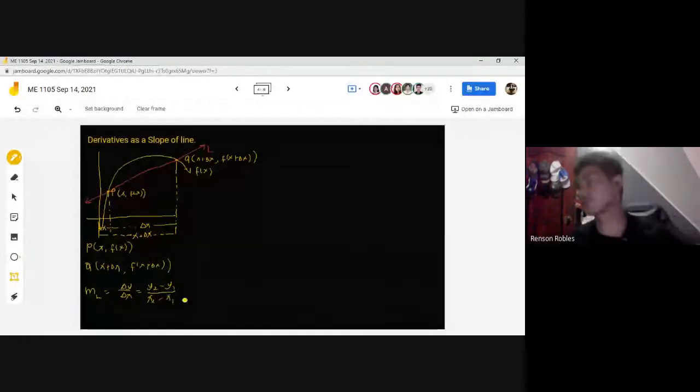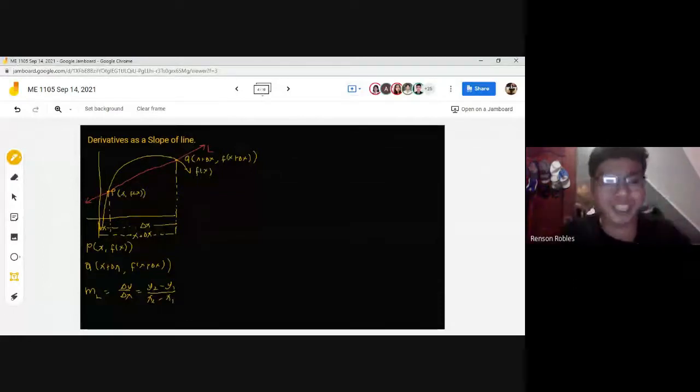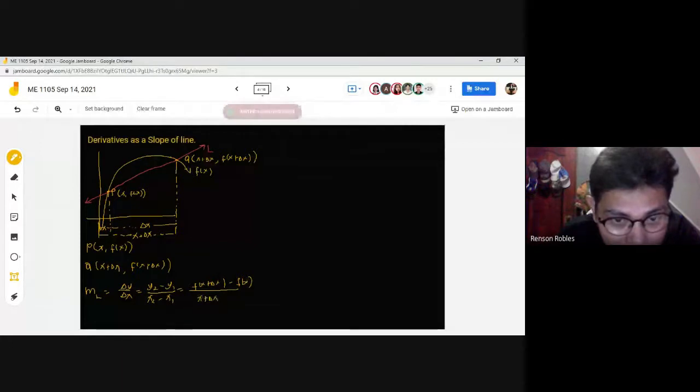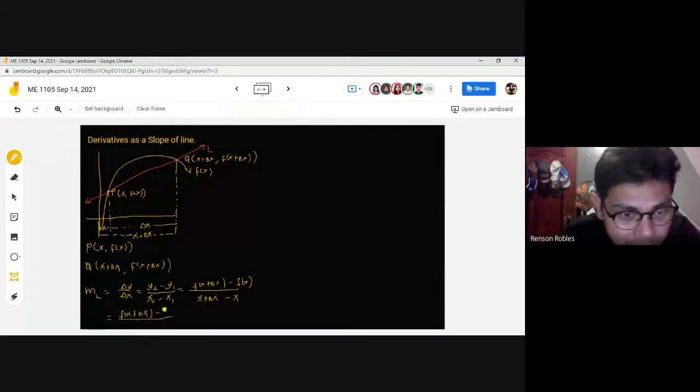Based on the position of P and Q, we can say that y2 minus y1 is f of x plus delta x minus f of x, all over x plus delta x minus x. This simplifies to f of x plus delta x minus f of x all over delta x, and that is the slope of line L.